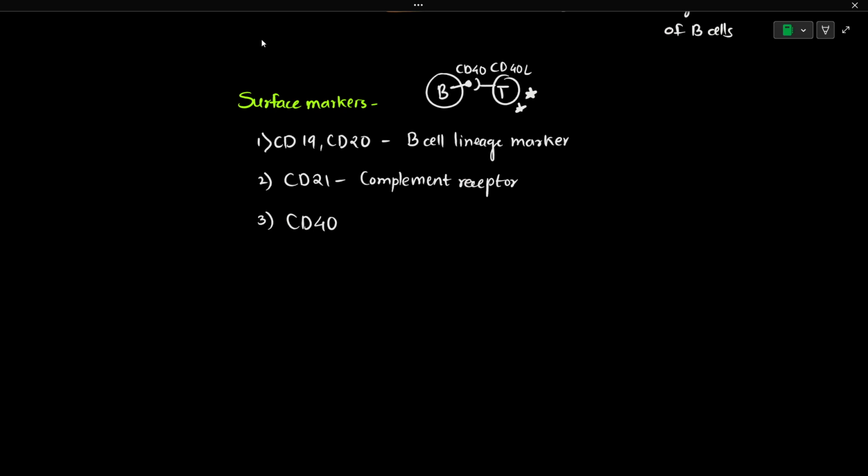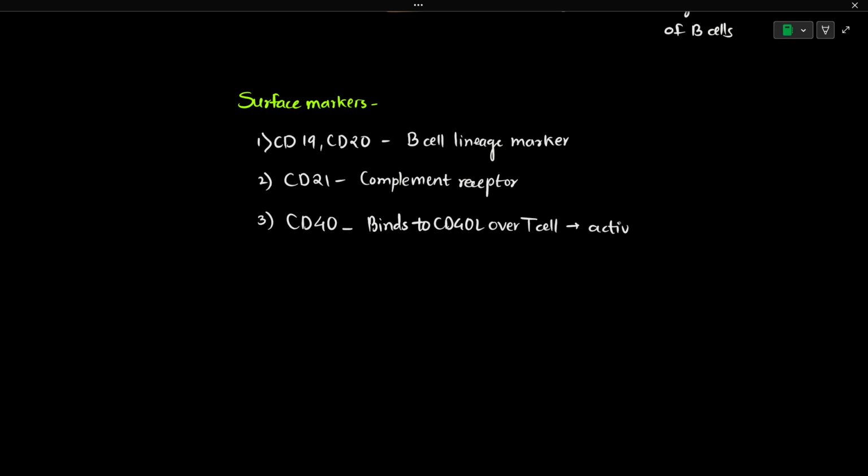So these are the T cell activatory receptors that are present over the B cell. So CD40 binds to CD40 ligand over the T cell, and it does the activation of the T cell.